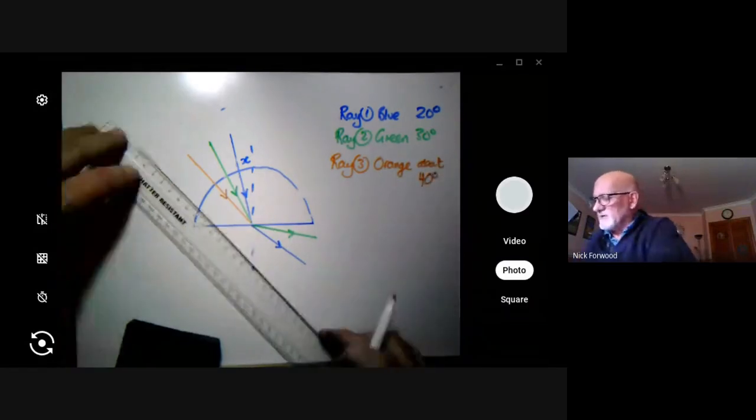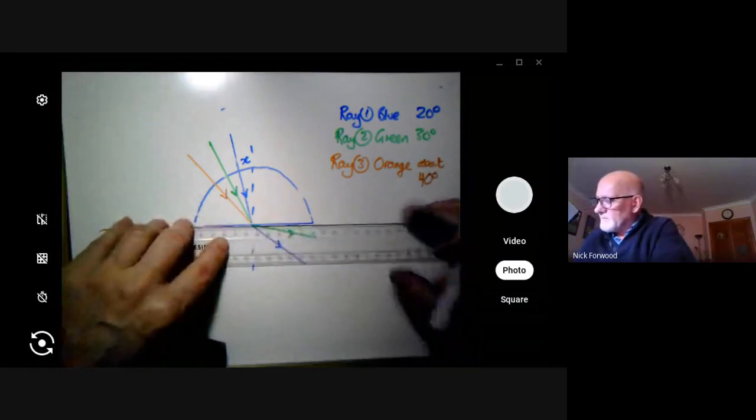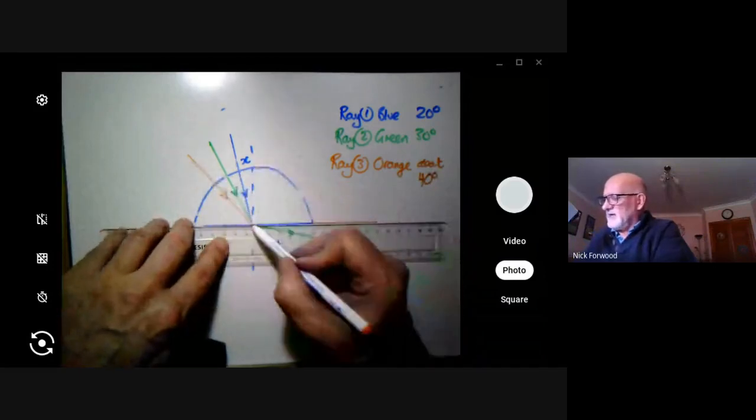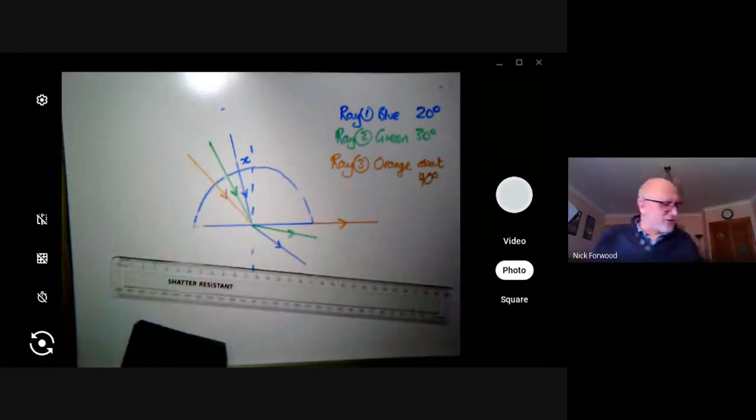And what happens is it's going to come out directly along there. It's going to come down there. It's going to exit in line with the glass. Okay, so that's ray 3.